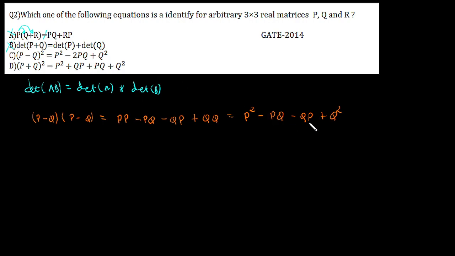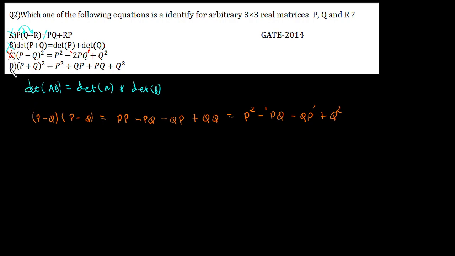But here P times Q and Q times P are not equal, because they are matrices. So option C is also not correct, because they have added these two terms, but we cannot say that these two terms are always equal. It may happen sometimes, but not always. It depends on the matrices, and since no condition about PQ is given, this statement is not true.